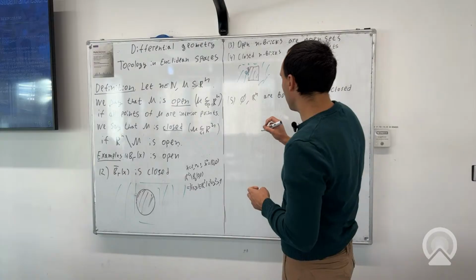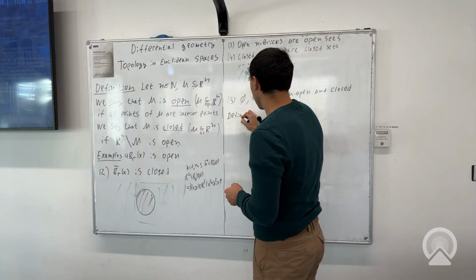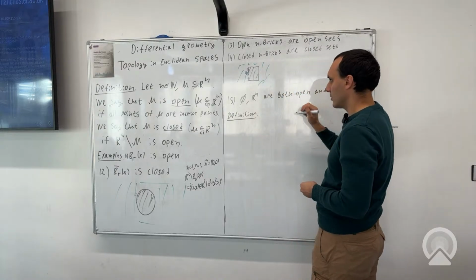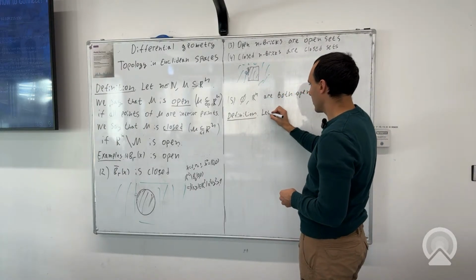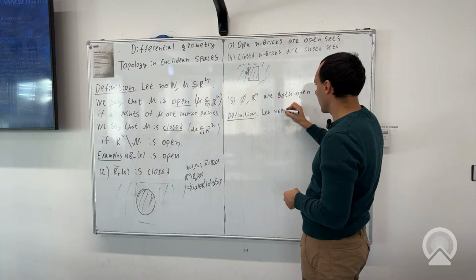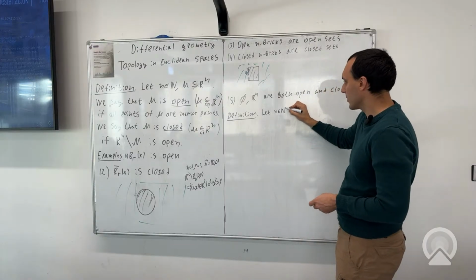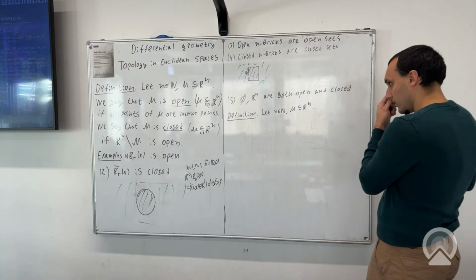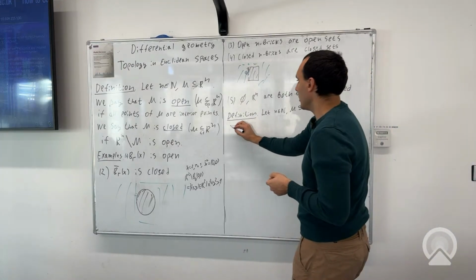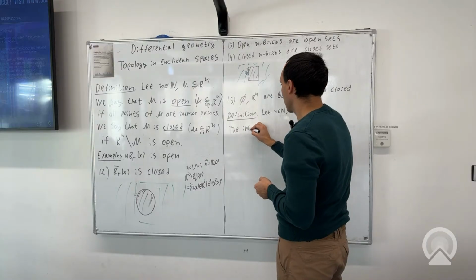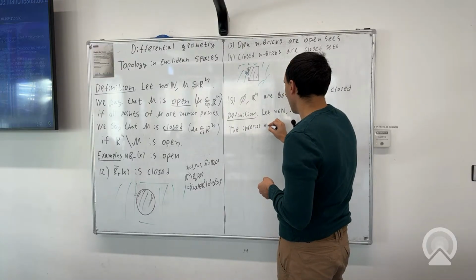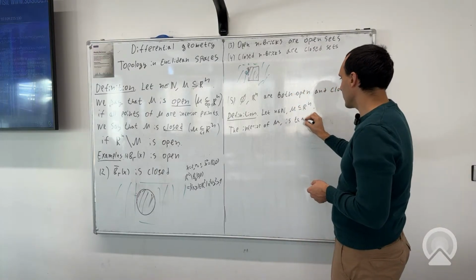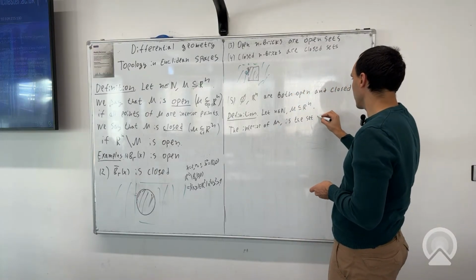Maybe I don't know if I'll use them, but let's define them. Consider some set M. The interior of M is the set of all interior points.